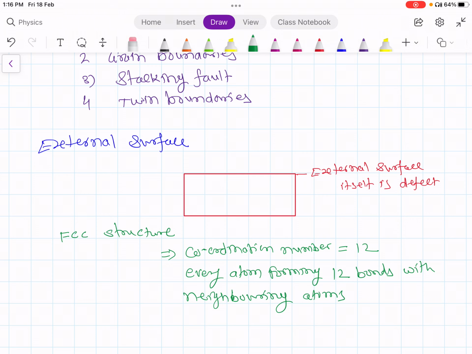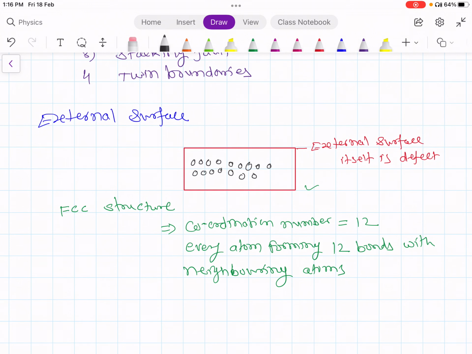Let's say such a crystal is shown over here. It is a FCC crystal. So there are atoms in this crystal. There are atoms which are inside the unit cell. All atoms which are inside the unit cell will form 12 covalent bonds and their energy would be minimum.